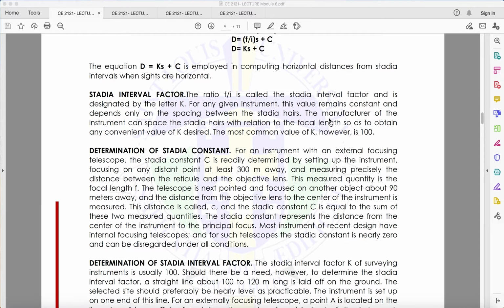The manufacturer can space the stadia hairs with relation to the focal length so as to obtain any convenient value of K desired. The most common value of K is 100.